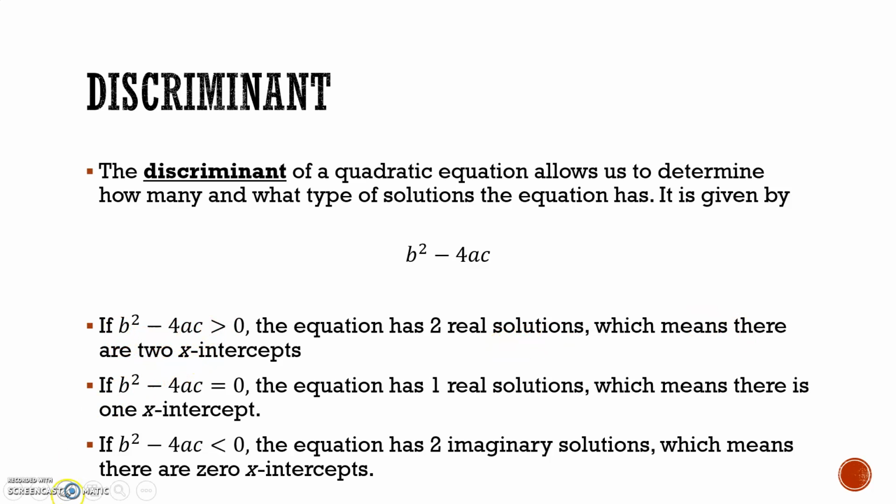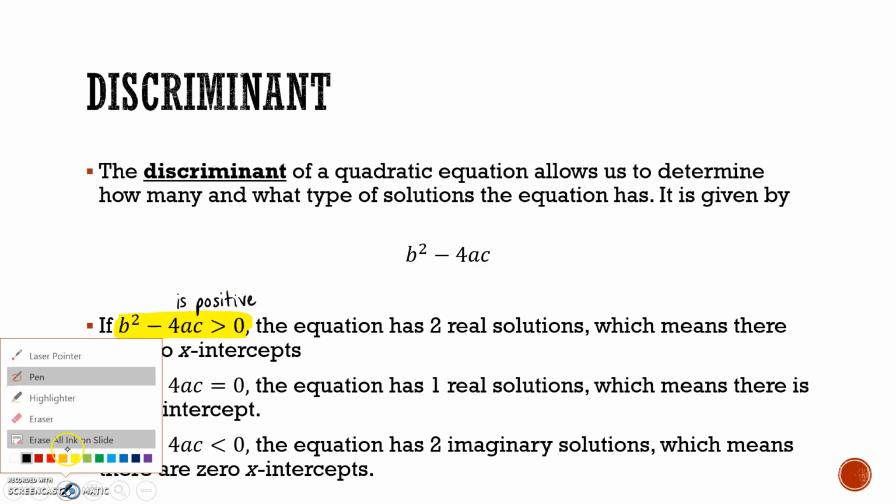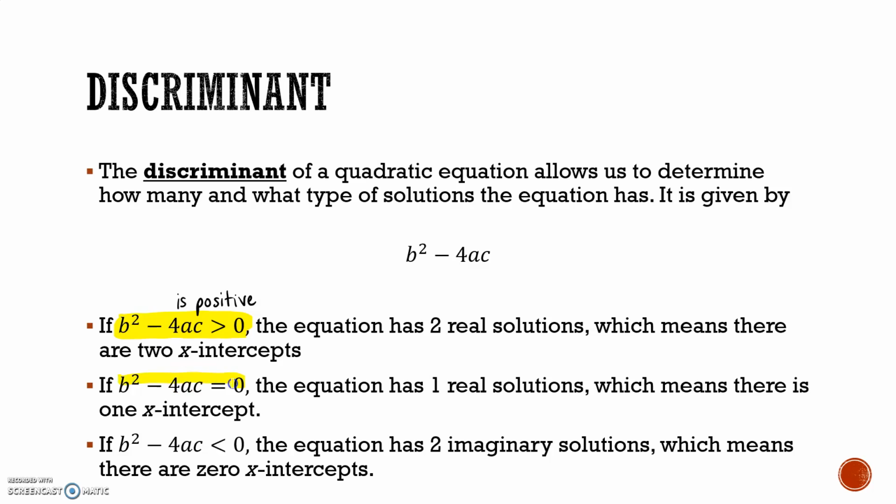What does it mean for us to say b squared minus 4ac is greater than 0? It means that b squared minus 4ac is positive. If b squared minus 4ac is equal to 0, then there's only one real solution.